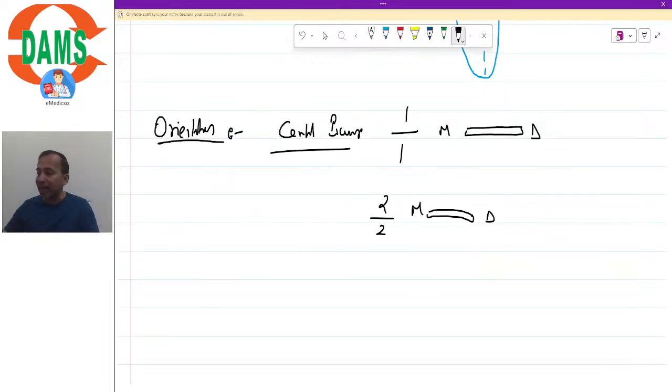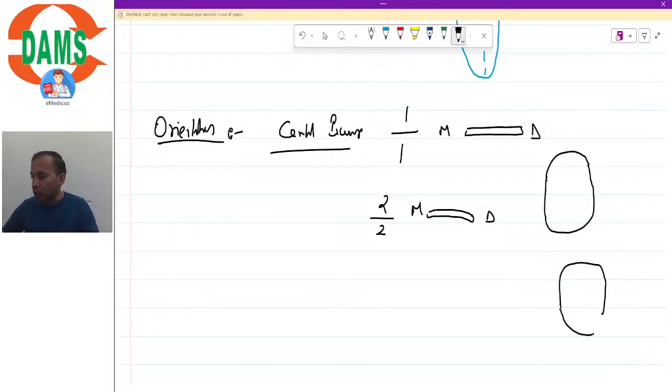Also, it might have a slight slope. If you look at it from the labial or lingual aspect, let's say this is the maxillary lateral incisor and this is the mandibular lateral incisor, you would notice that from mesial to distal it has a slight slope.